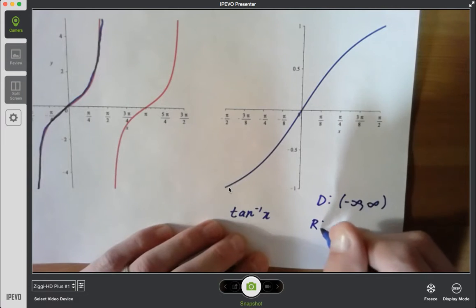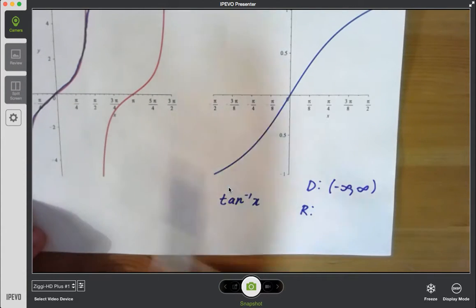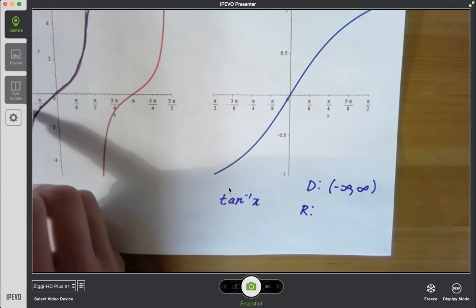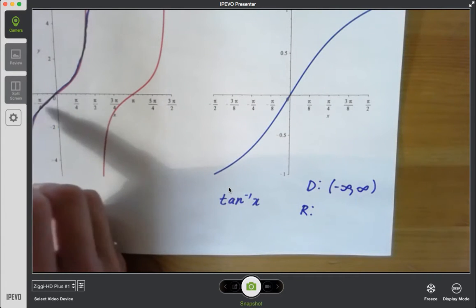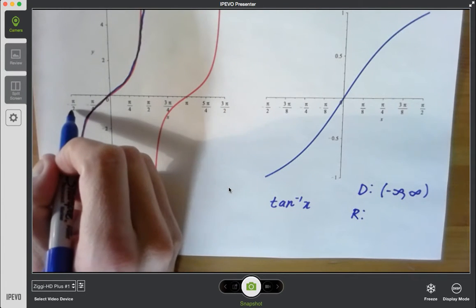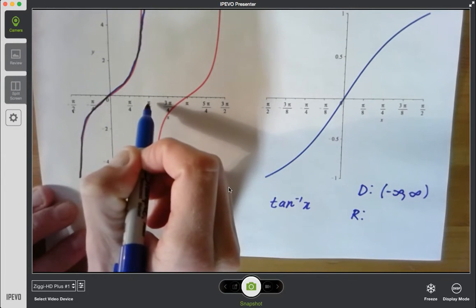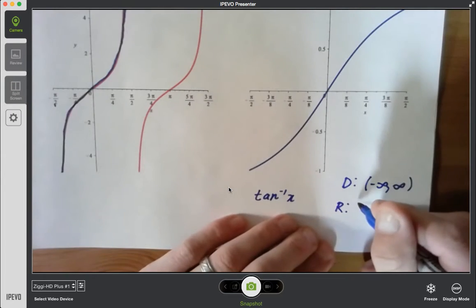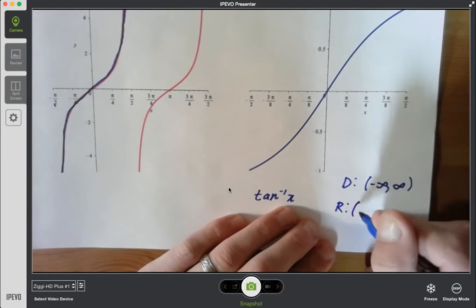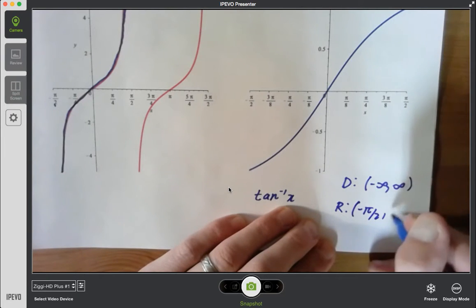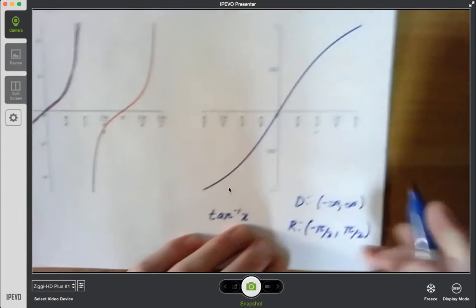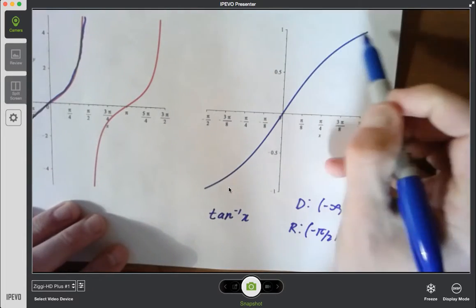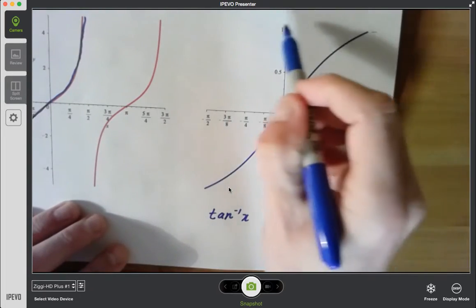The range of our inverse tangent is the x of our tangent function. Tangent is undefined outside the period from -π/2 to π/2, and so that's what our range is here. We go from -π/2 to π/2. If you look at our inverse tangent graph, this is just going to keep going on and on.